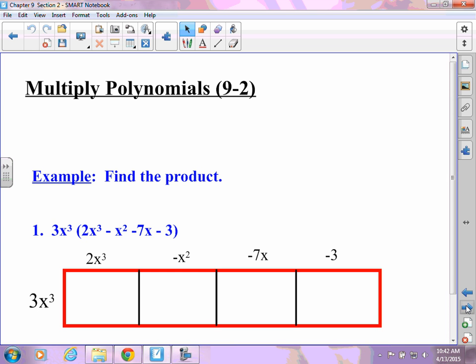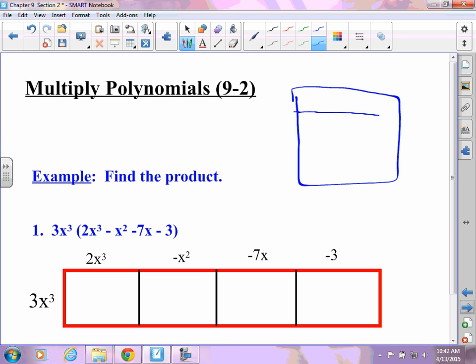Now, when we multiply polynomials, I do it a special way with boxes. If you remember elementary school, remember multiplying with lattice? It's very similar to lattice. Another thing that it's very similar to, when you were little, do you remember how you had a chart like this?